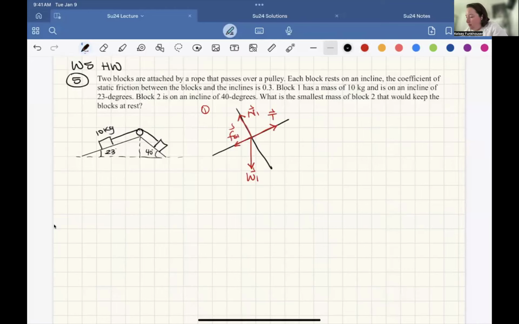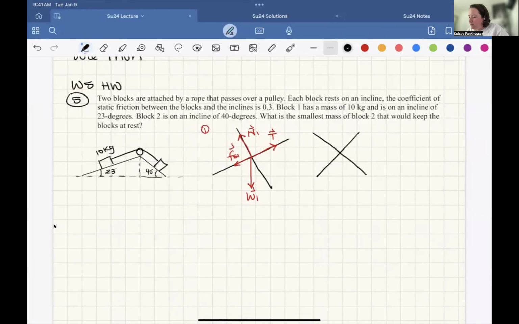And then we'll do this one, I'm gonna try and get my angle a little better. Maybe that's closer to 40 degrees, who knows? This is theta 1. Okay, so this one's weight 2, theta 2, normal 2, tension is that way.